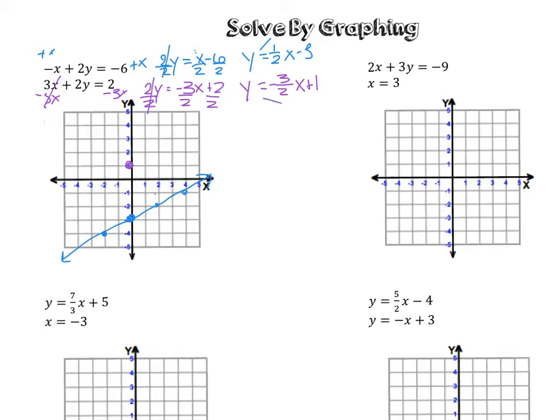It has a negative slope. It goes down 3 over 2, down 3 over 2. And it intersects right here at 2 on the x, negative 2 on the y.